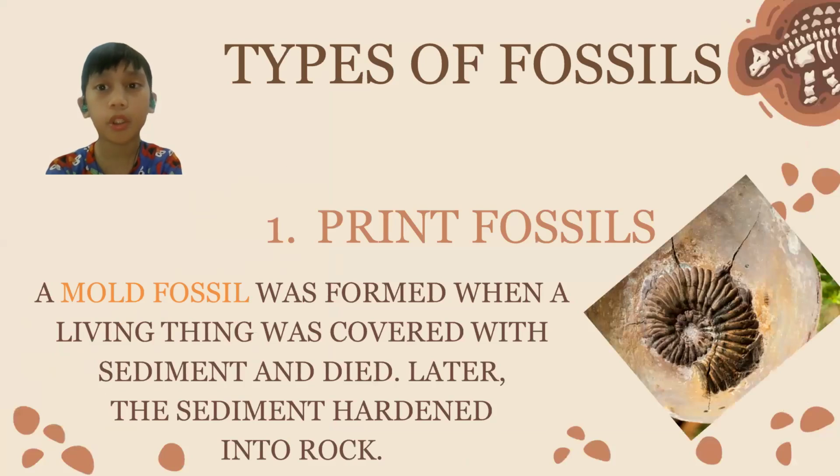Most of the mold fossils that have been found are prints of shell, bone, or wood. Skin, leaves, and soft plant or animal parts are not usually found as mold fossils.